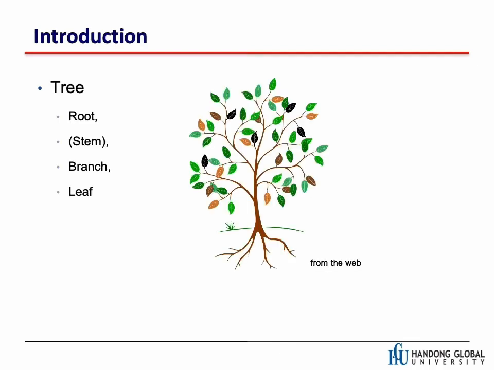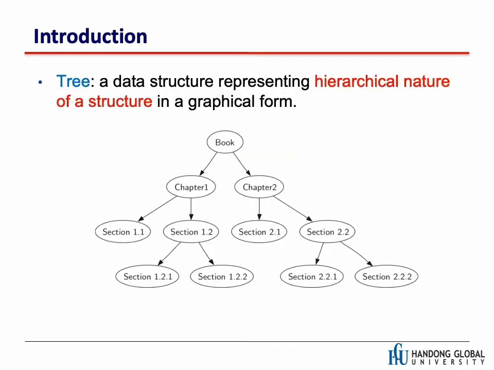What is a tree in data structures? This is quite similar to the trees in nature. That's why we call it a tree. In data structures, we have root and branch and leaf. So we share the terminologies, but they are slightly different. A tree is a data structure representing the hierarchical nature of a structure in a graphical form, like this graph.